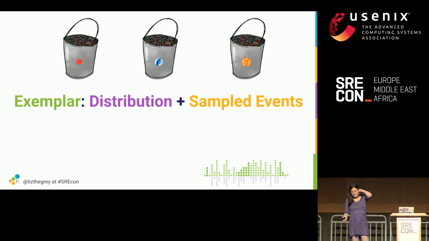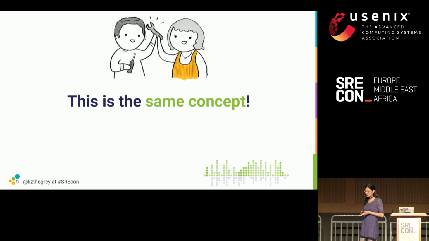What an exemplar is, which I used to talk about when I worked at Google, is when you say, for this individual bucket of marble dust, here's 1 marble that was fed into the machine, with all of its cardinality. It means you don't have to keep each individual field of every single event. You can still get that aggregated count, but we're keeping some properties of 1 representative event along with the amount of it that there was. So an exemplar is a distribution combined with sampled events from that distribution.